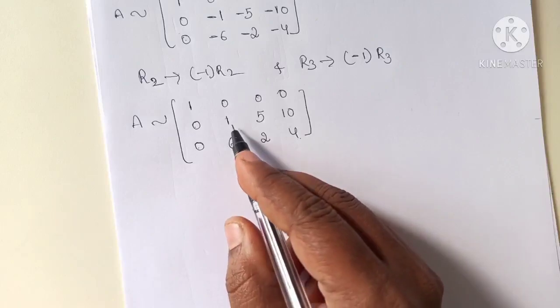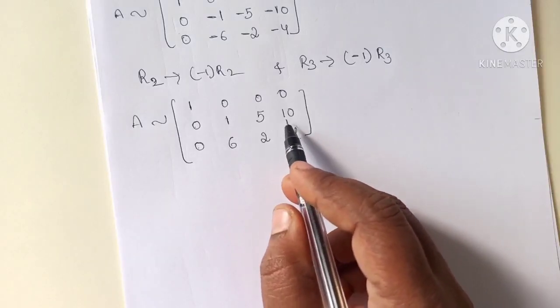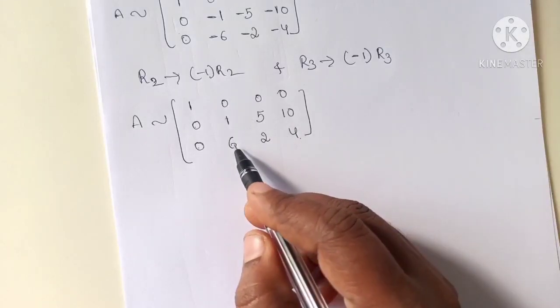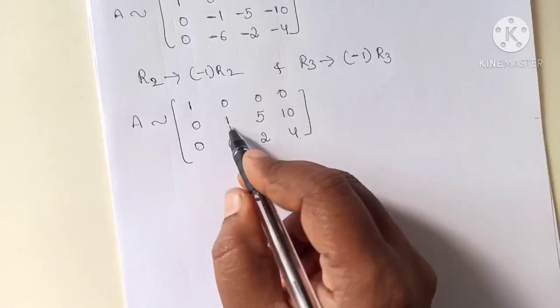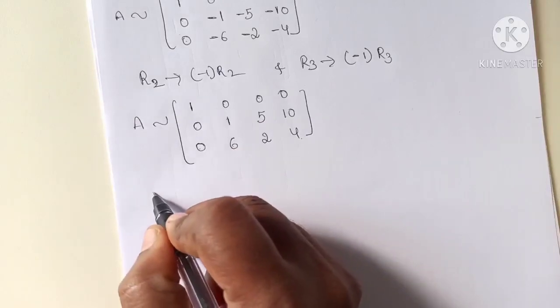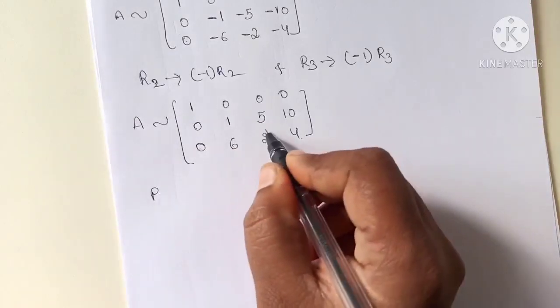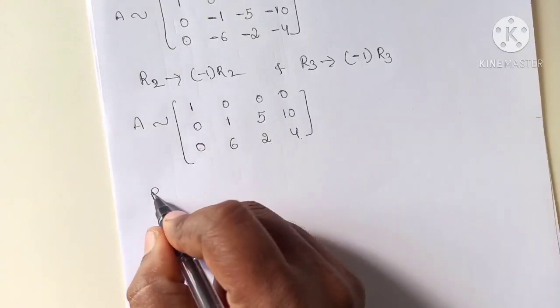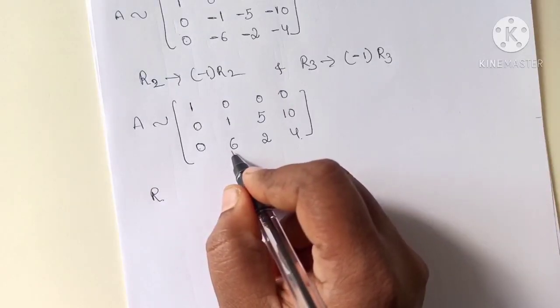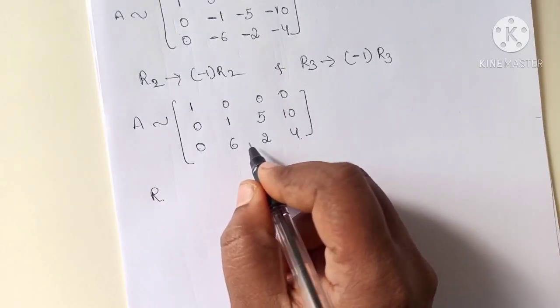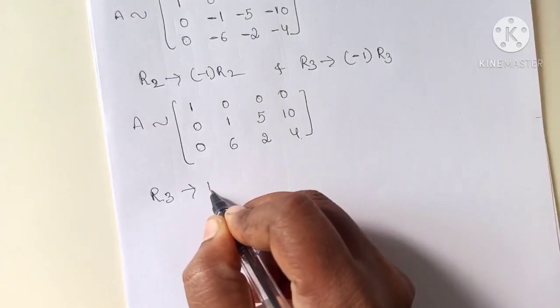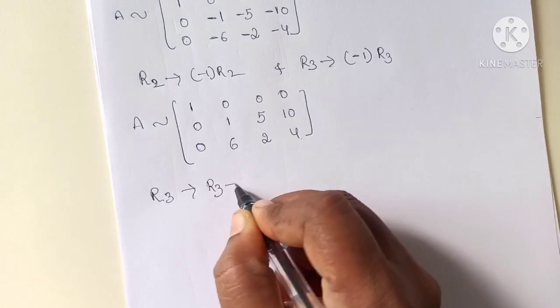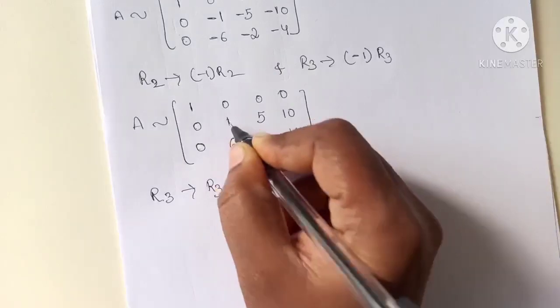Now we can apply either column operation or row operation. First we apply the row operation here. R3 is equivalent to R3 minus 6 into R2.